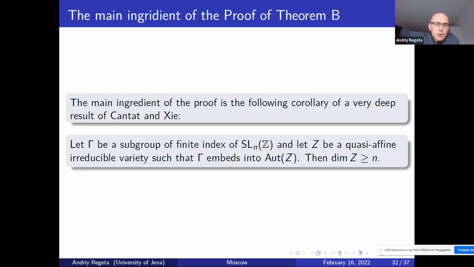Let Γ be a subgroup of finite index of SL_n(Z), and Z an affine irreducible variety, such that Γ embeds into Aut(Z). Then the dimension of the variety Z is bigger than or equal to n.